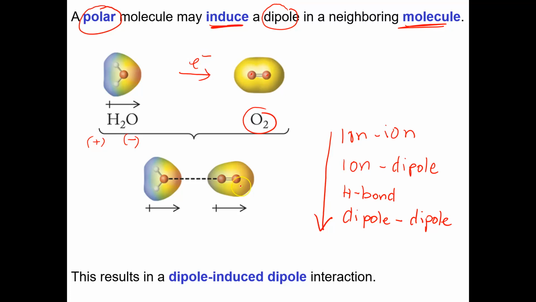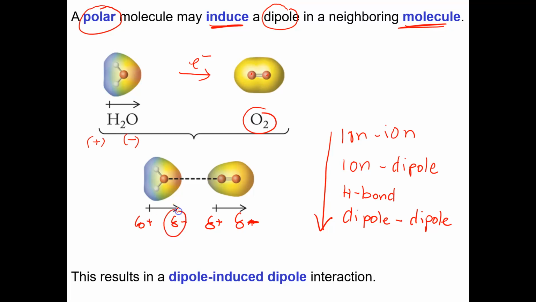Electrons are going to accumulate at the end of the O2 molecule that is away from the water molecule, and so that far end becomes negative. The other end of the O2 molecule becomes positive. The water molecule still has its negative end at the oxygen end.